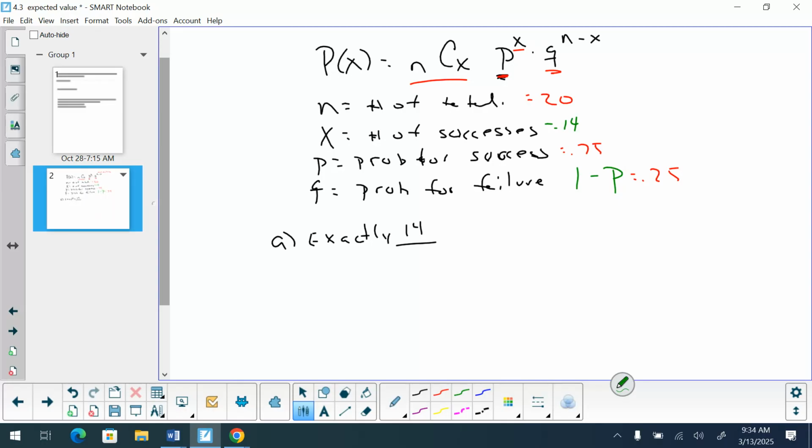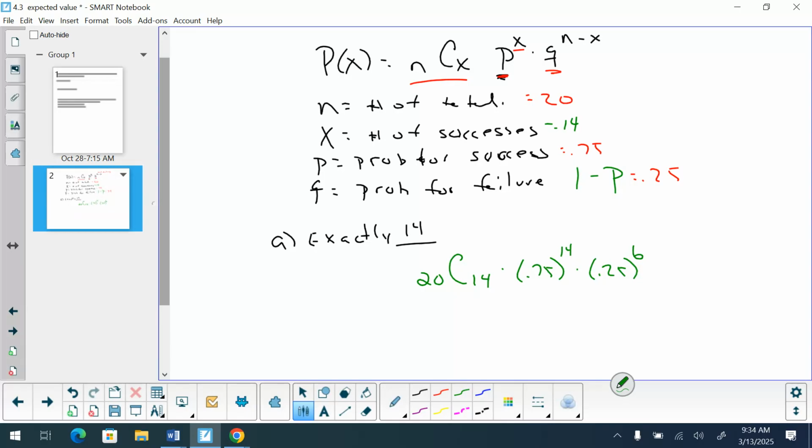I have 20 C 14. P, my probability for success, 0.75, to my number of successes, 14, times the probability of failure, 0.25, to the number of failures. Well, if I have 14 successes, that means 6 of them will be failures. That's where n minus x comes from.